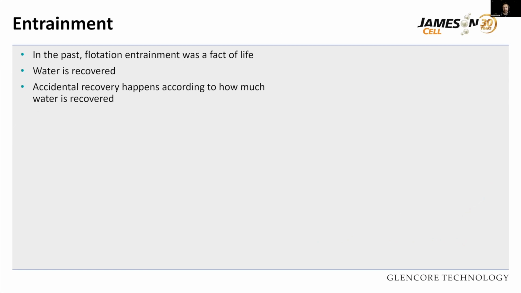So in the past, it was accepted as a fact of life that you would get entrainment, and that water would be recovered, and that we would just have to deal with the gangue that came across with the water in other ways, with multiple stages or other techniques.